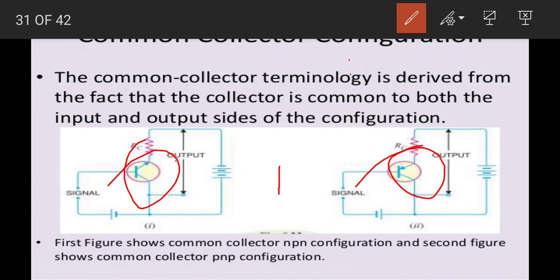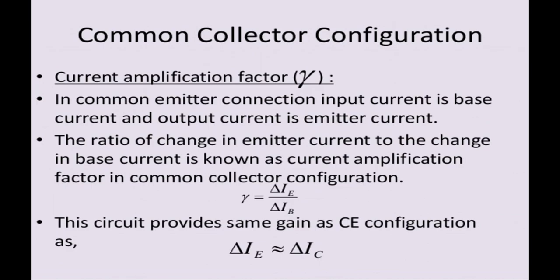The collector terminal is common to both the input signal and the output signal. We have to calculate the input resistance Ri and the output resistance Ro. In the next slide, we go to the common collector configuration.